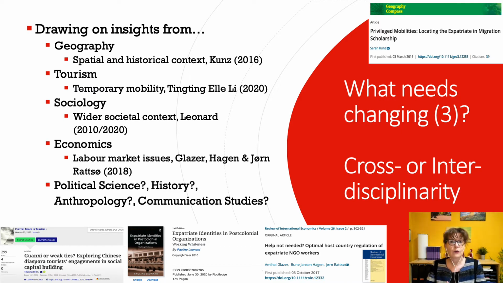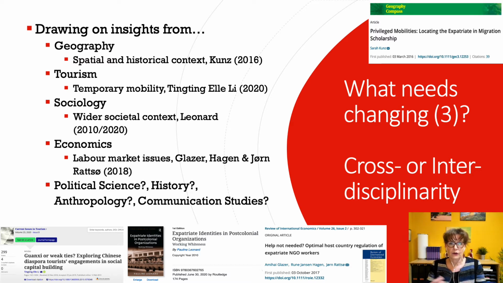So far we've looked mostly at drawing theoretical foundations from other disciplines within business and management, but obviously we can look much further than this and look at the other social sciences. For instance, I came across this very intriguing article in geography. Privileged mobilities, locating the expatriate in migration scholarships.